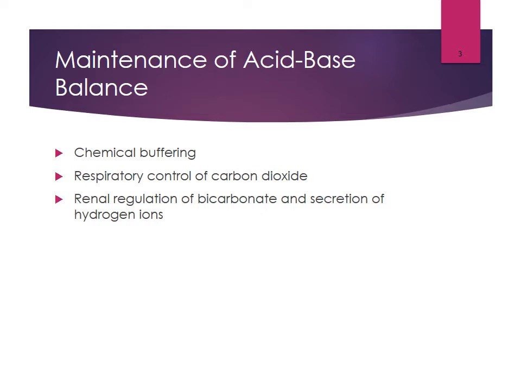Respiratory rate and depth decrease, lowering the blood pH. The kidneys are going to kick in and regulate the bicarbonate and remove hydrogen ions from the blood. If the blood is too alkaline, the kidneys start to conserve hydrogen ions, thus lowering the blood pH. If acidosis is present, kidneys will excrete hydrogen ions and conserve bicarbonate, raising the blood pH.